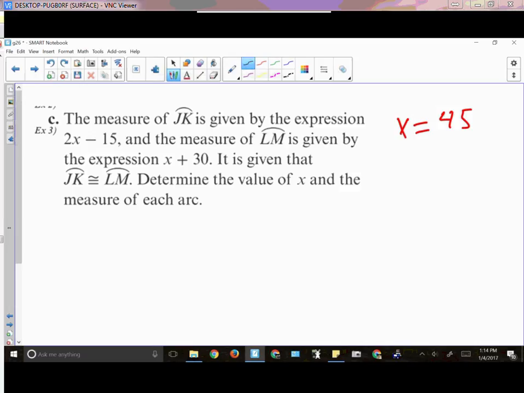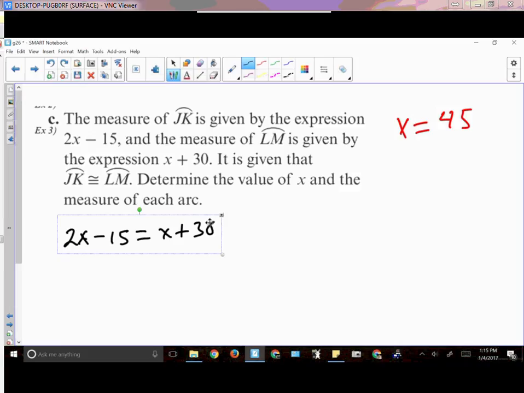So, if they're telling me that JK is congruent to LM, that means that the measure of JK is the same as the measure of LM, right? Yes, no, maybe so? Probably. So that means that 2x minus 15 is going to be equal to x plus 30.